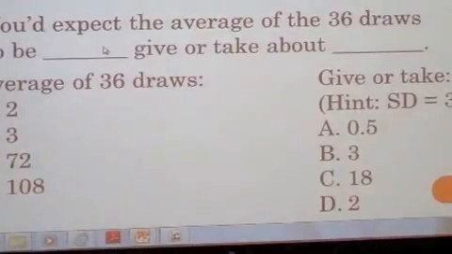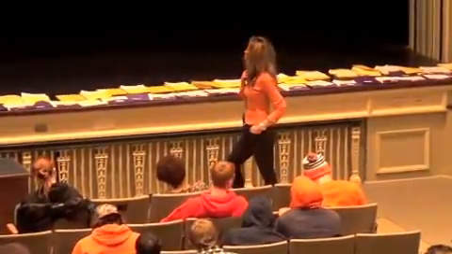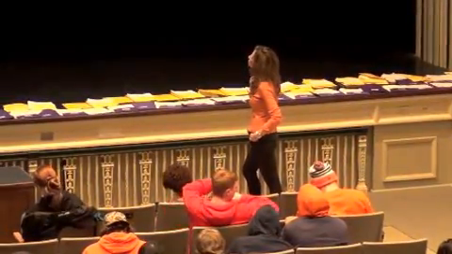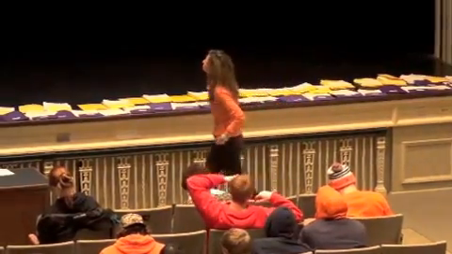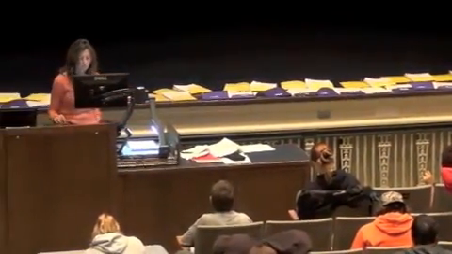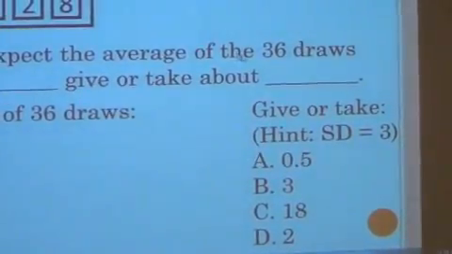This is no formula. What's the average of the box? Why would you expect it to be any higher or lower than that? And this is going to be the next one, so think about this one after we finish. This is going to fill in the standard error blank.